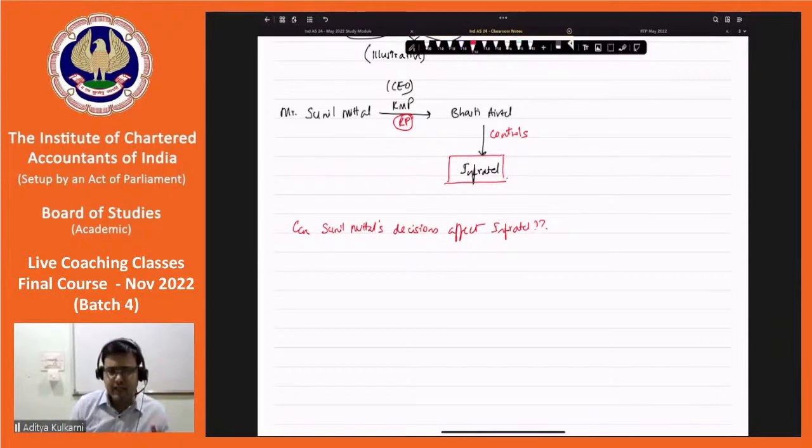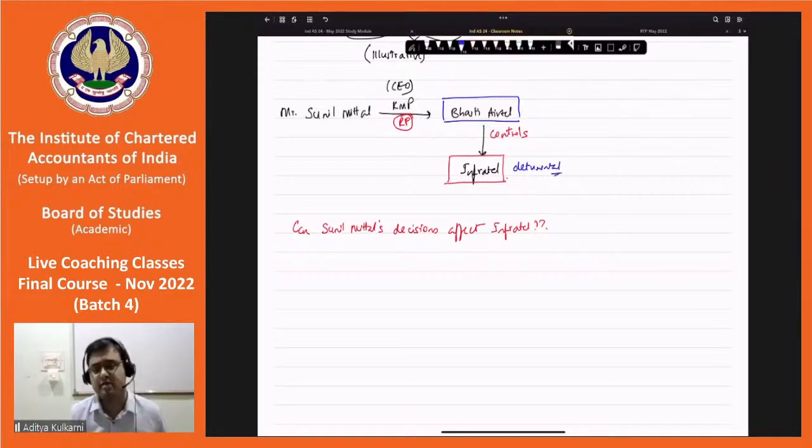See, whenever Sunil Mittal, the director, the CEO of Bharti Airtel, makes a decision, he will make the decision keeping in mind what will be the likely impact on Infratel. It is common sense that Sunil Mittal cannot take decisions in favor of Bharti Airtel which are detrimental to Infratel.